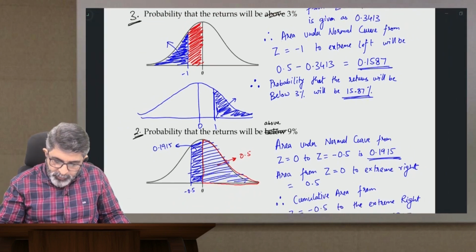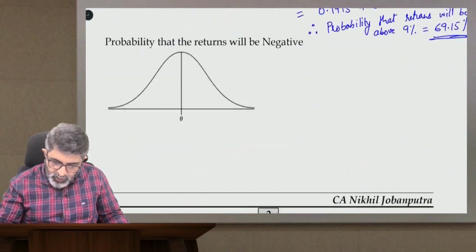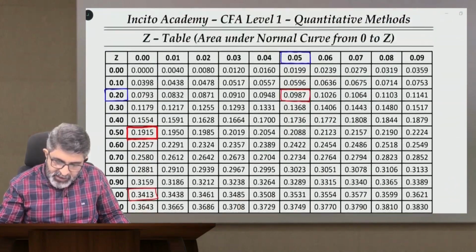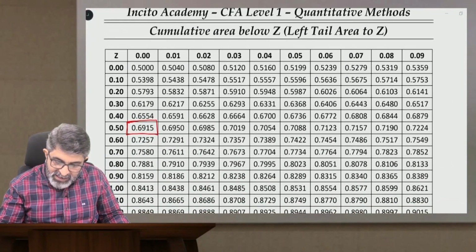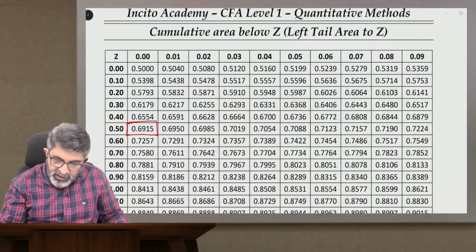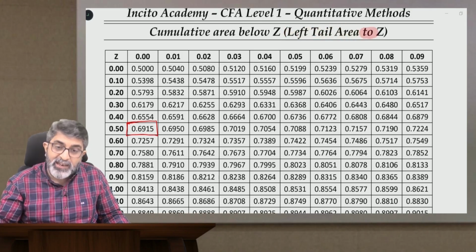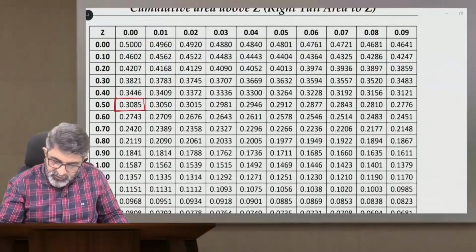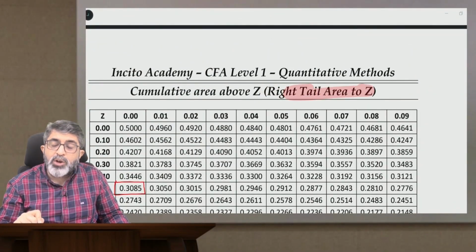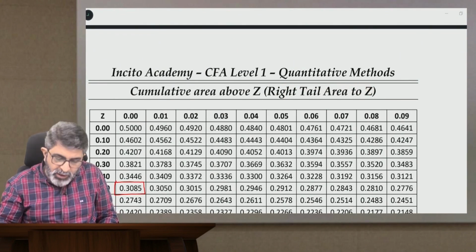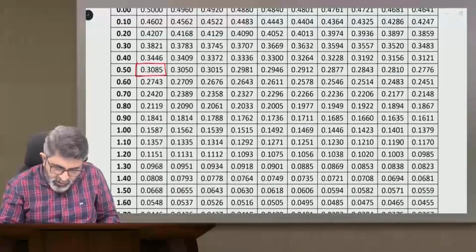So let us observe that area. I am referring to the Z table where I get the area from Z to the extreme right. Now this table is the left tail area. We want the right tail area. So let us move on to the next one, the right tail area. And we want from Z equal to 1. So simply go to the Z equal to 1 value.